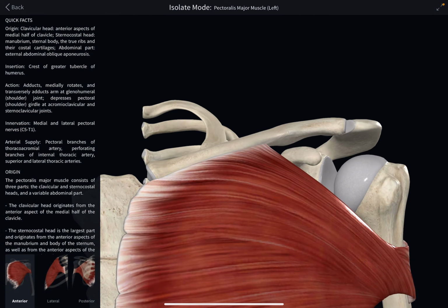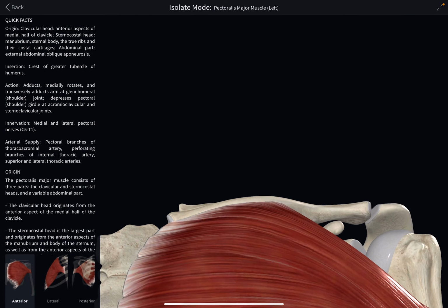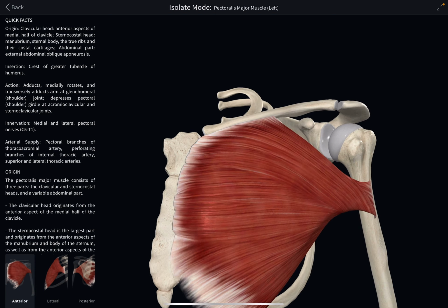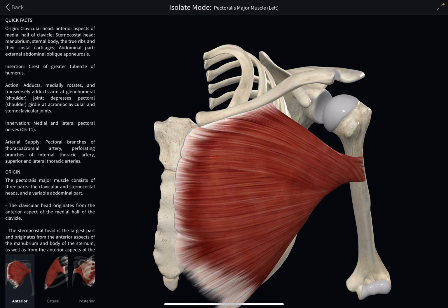This can sound a little complicated, but if you understand it, it's very easy. This muscle takes its origin from the sternum as well as the clavicle. The fibers taking origin from the clavicle arise from the anterior surface of the medial half of the medial two-third of the clavicle.